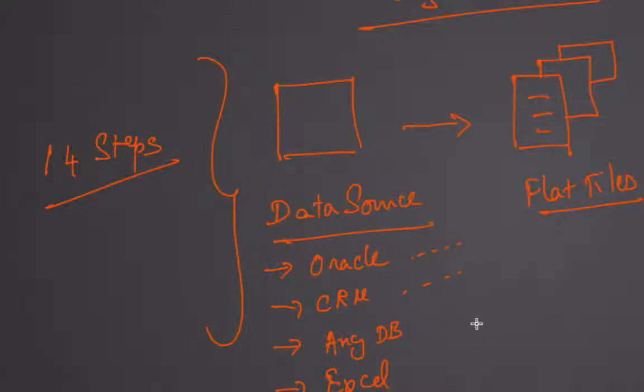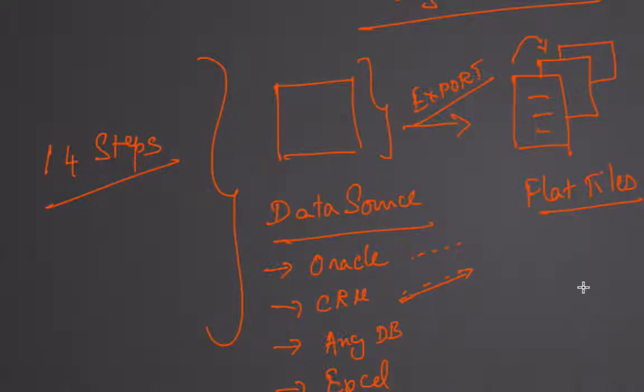Like we have seen in the second example, you have asked your CRM developer to give you a dump of all those 100 customers in a flat file. So similarly, irrespective of what your data source is, you have got to ask the owners of these data sources to export the data into flat files for you.